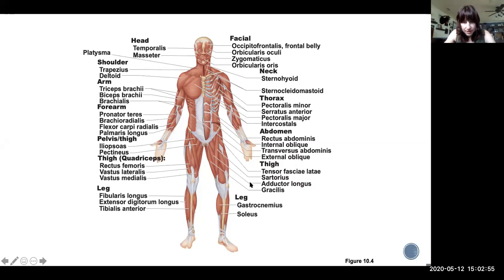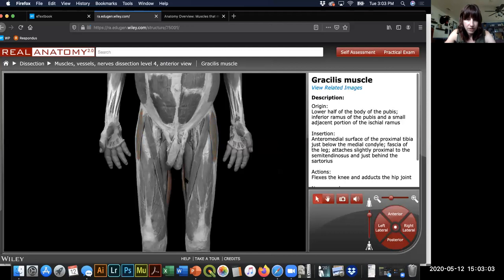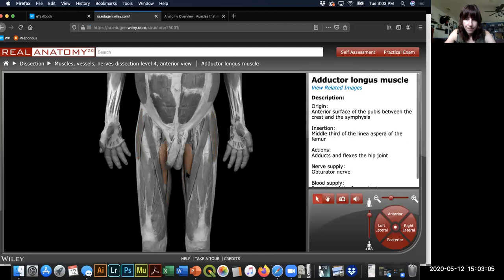We've got a long, skinny Adductor Longus, just lateral to the Gracilis. The Adductor Longus is another one that's going to adduct your leg. So we have lots of muscles working together to do the same action, right? It is named for both its action and its shape: it's a long, skinny muscle, and it is adducting.